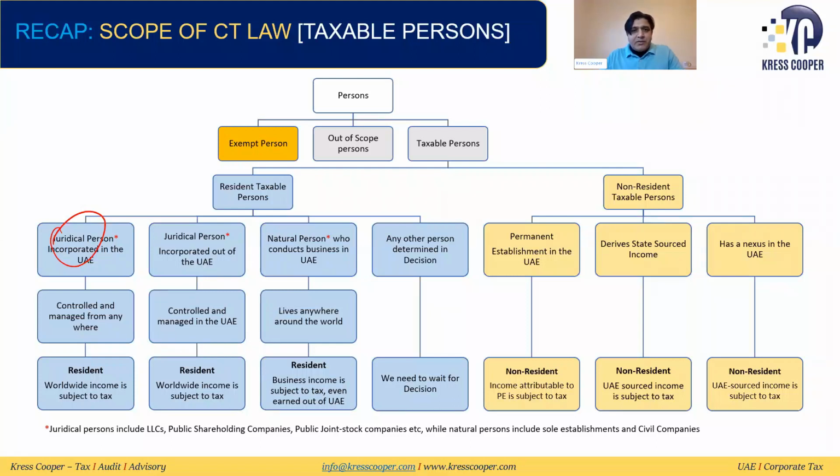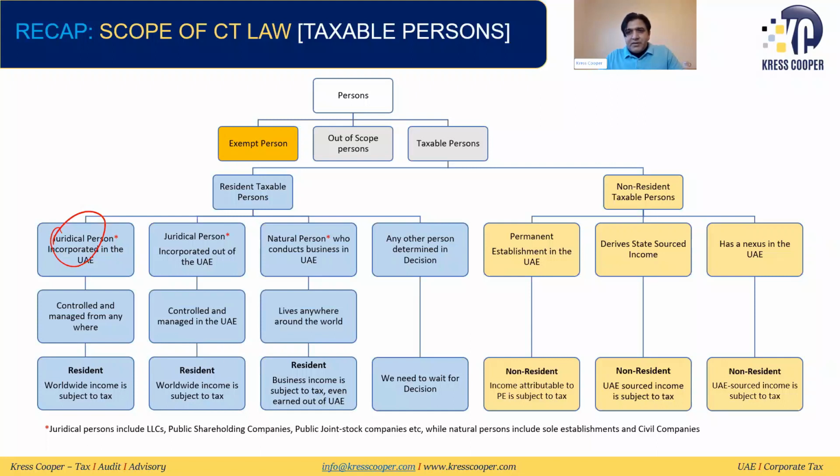Then we discussed the juridical person incorporated outside the UAE. If these are being controlled and managed from the UAE, then their worldwide income will be subject to tax. Then the natural person who is conducting business in the UAE: any income related to that business will be subject to tax in the UAE, or any other person determined in the decision.